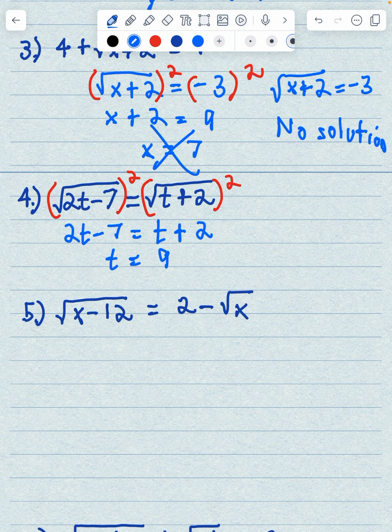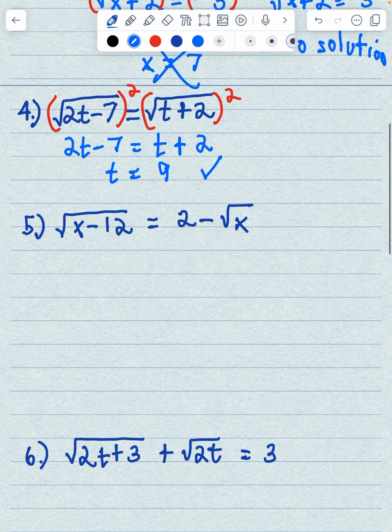If we check, on the left, 2 times 9 is 18, 18 minus 7 is 11, we have the square root of 11 on the left, and then when we plug 9 in on the right, 9 plus 2 is 11, and we have the square root of 11 on the right side, so that also checks.